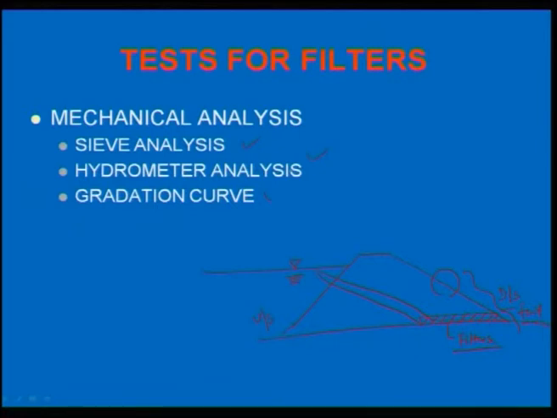As usual, you complete the sieve analysis and hydrometer, and you have to find out how your gradation curve varies. As I explained earlier, this is the percentage finer versus the diameter of soil, and this shows how the gradation curve is varying. This is nothing but your gradation curve. This gradation curve is required for your filter design. So, for the filter, these are the tests we need: sieve analysis, hydrometer analysis as well as the gradation curve.